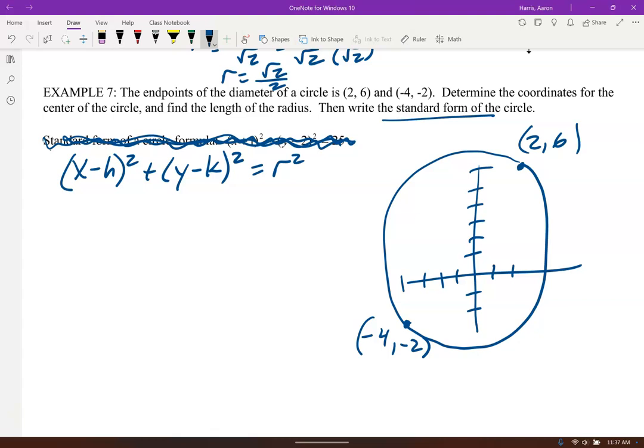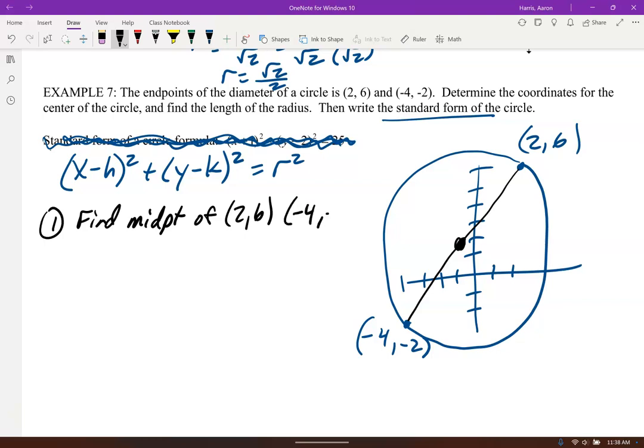Well, the center of this thing would be right there. I've got to find the center of that. Well, that's the midpoint. So number one, find the midpoint of those 2 points on the diameter: 2, 6 and -4, -2.